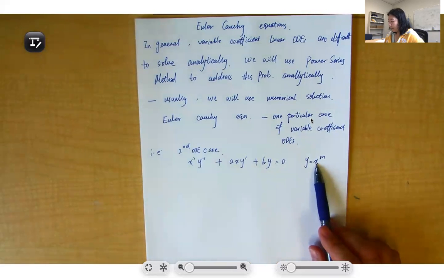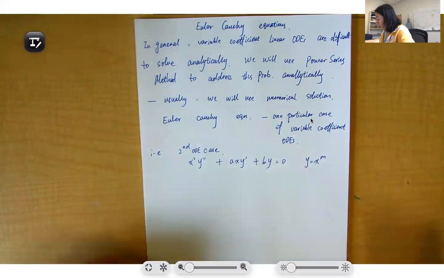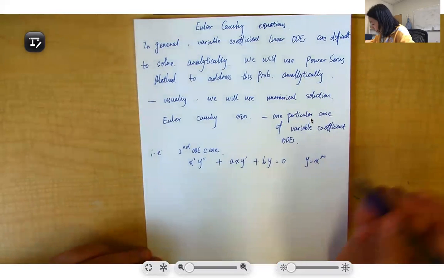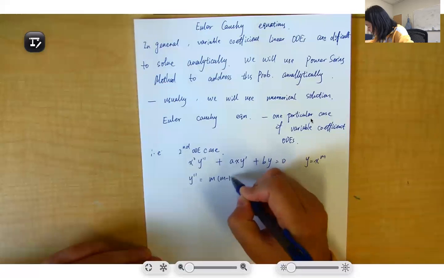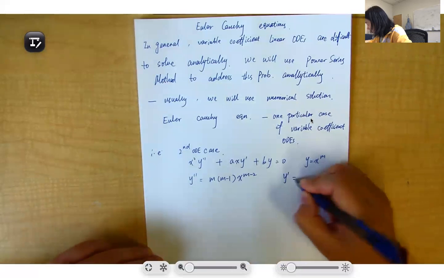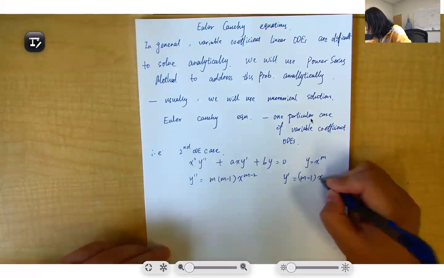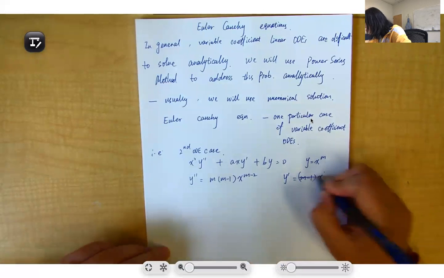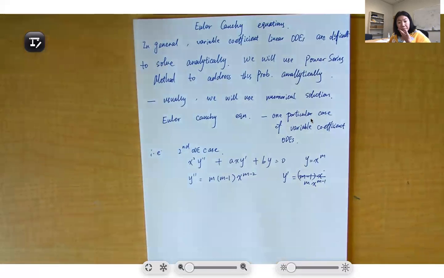We will solve using similar ways as how we solve the constant coefficient homogeneous ODEs. So y double prime will be equal to m times m minus 1 x to the m minus 2 power. y prime will be, sorry, m times x to the m minus 1.